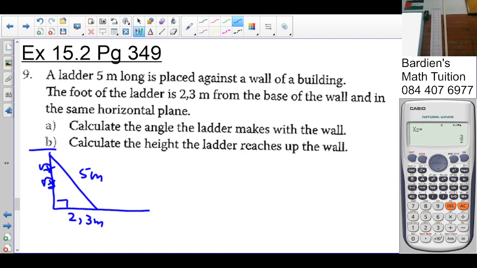A says, calculate the angle the ladder makes with the wall. So there's the wall, here's the ladder, and the angle they're referring to. Just going to draw this quickly and properly again.